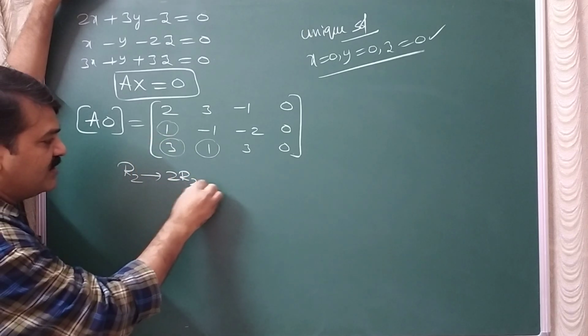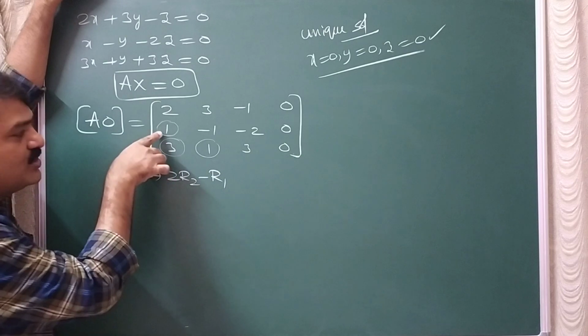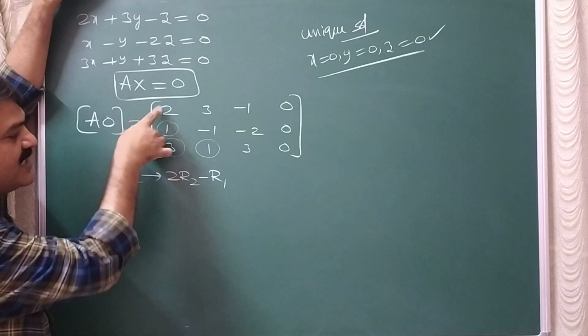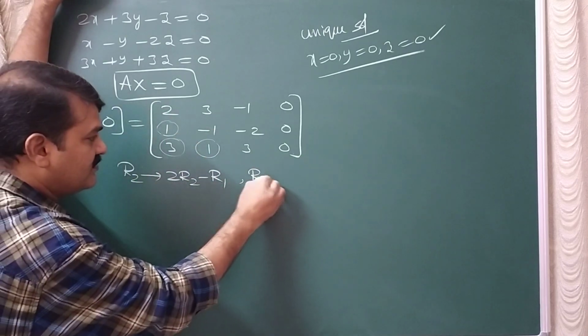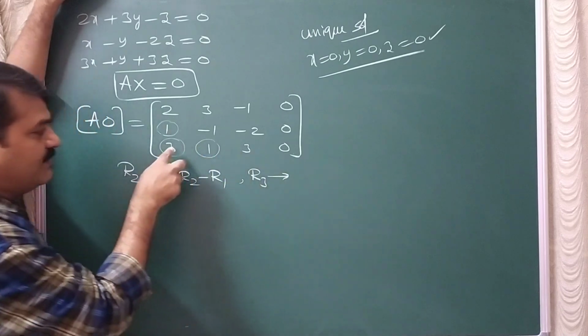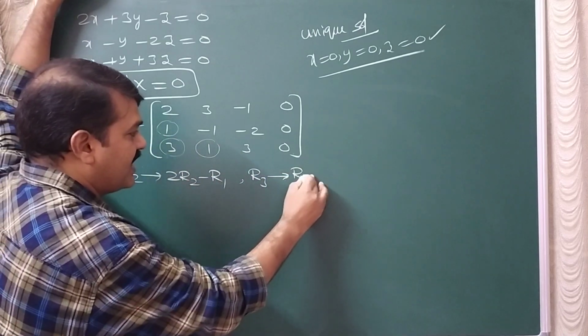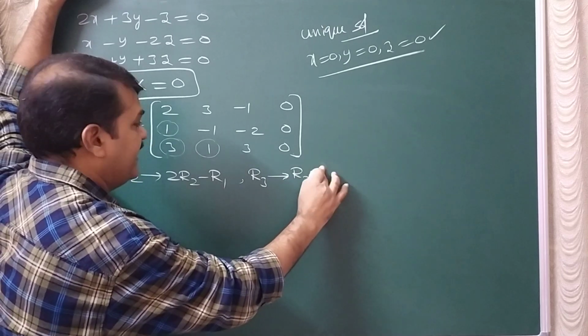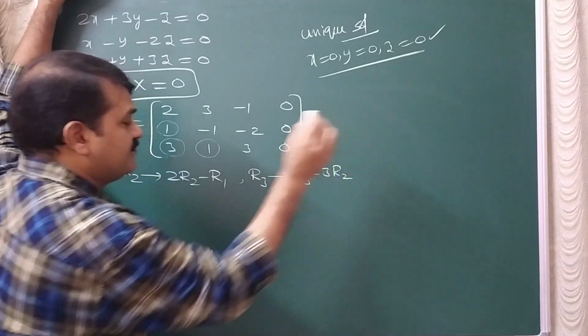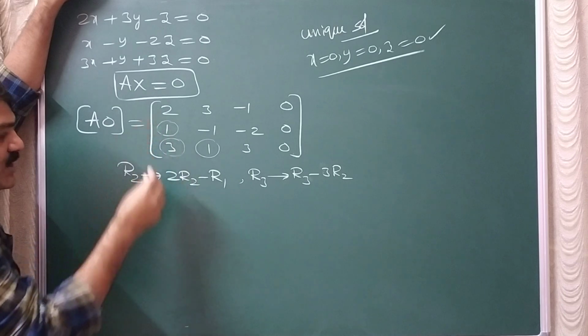You do 2R2 minus R1; 2R2 minus R1, you will get 0. Next, come to this place to get 0 here. I will take R3 minus 3R2, that is R3 minus 3 into R2.